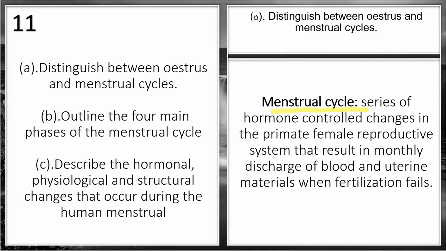Menstrual cycle: these are a series of hormone-controlled changes in the primate female reproductive system, resulting in a monthly discharge of blood and uterine materials when fertilization fails.